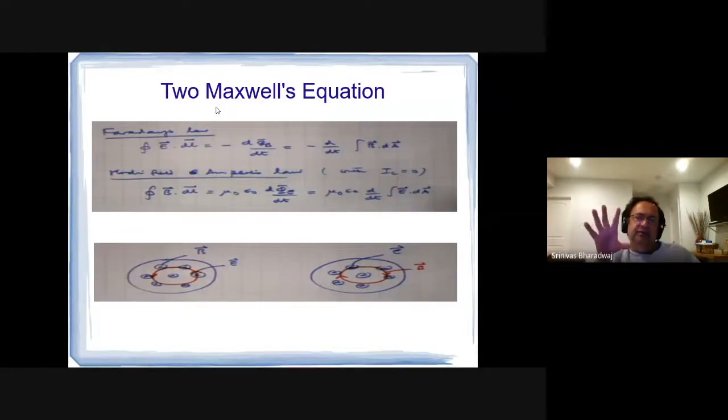These equations were therefore called Maxwell's equations. Two of them deal with Faraday's law and Ampere's law. Of the other two, one deals with Gauss's law, and the last equation is a very simple one.